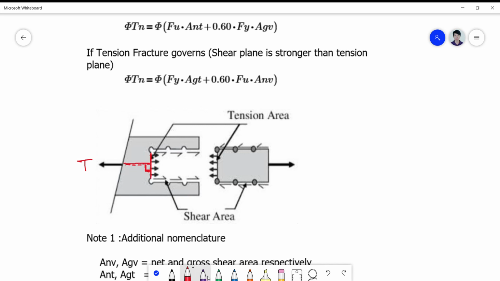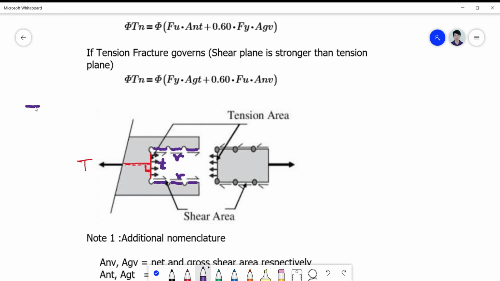While on the other hand, the shear fracture areas are these ones. Okay, so these are the shear fracture areas, and the stresses here are shear stresses. Here, these are the tension stresses. And here, these are the shear stresses. So the shear stresses now are parallel to the area.